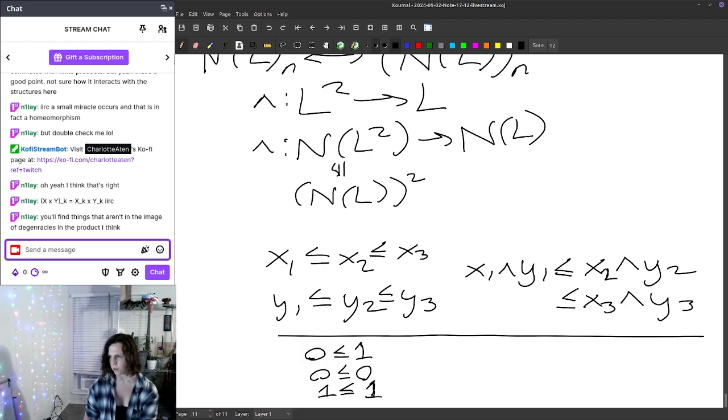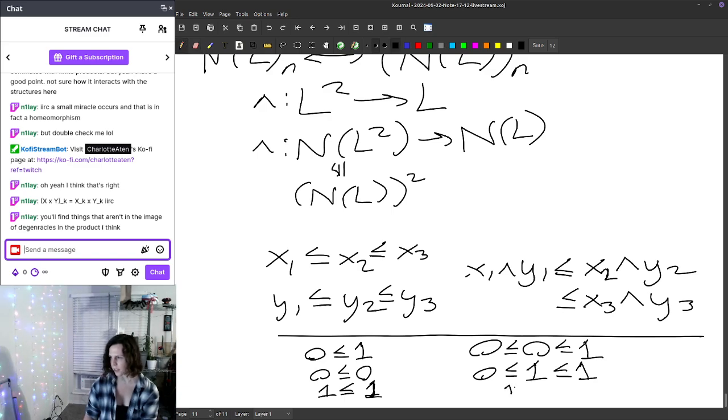yeah, when I pair them together, I can start doing things like 0 is less than or equal to 0 is less than or equal to 1, and 0 is less than or equal to 1 is less than or equal to 1. And this isn't just a duplication, because I'm not duplicating either entry.